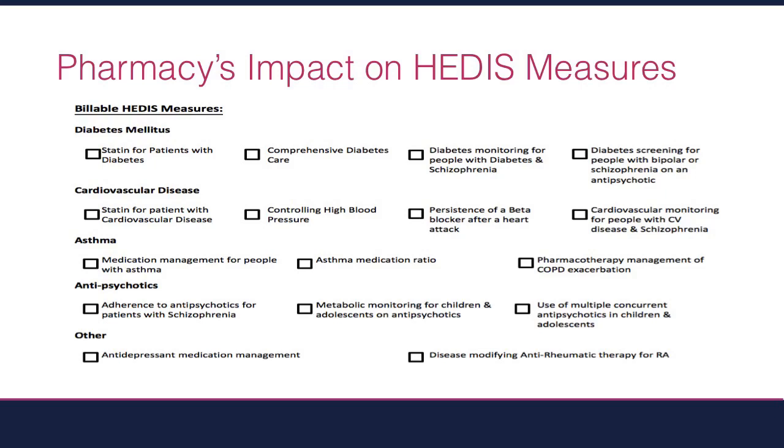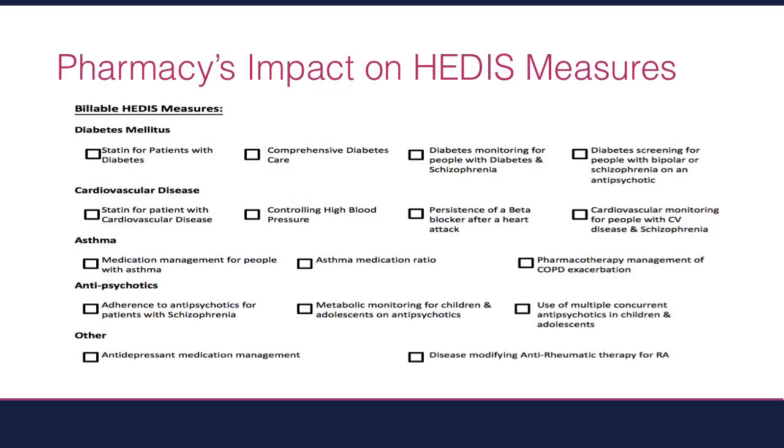Pharmacy services can have a big impact on, for example, HEDIS measures. HEDIS measures evaluate how well physicians are doing in a health plan, and how well the health plan is doing in taking care of its constituents, its patients.